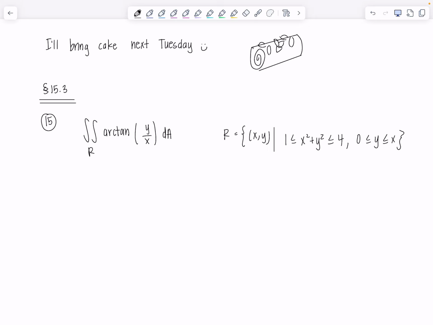So first things first, they don't say to do it, but what must we do? Not yet. Draw the region, graph the region, right? Here's how you have to think about it too. When you're changing from rectangular to polar, you can't just plug in the formulas to change the limits, because you're not going from one rectangular system to another rectangular system.